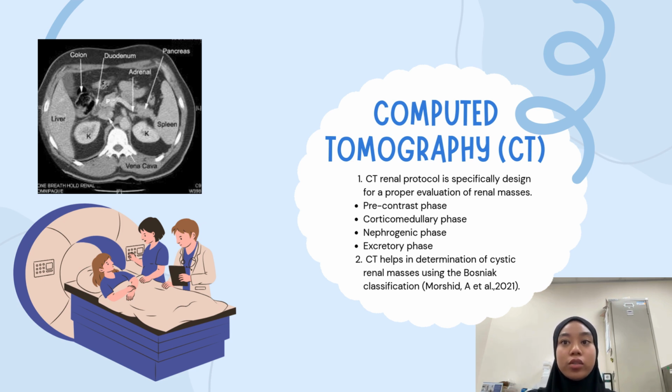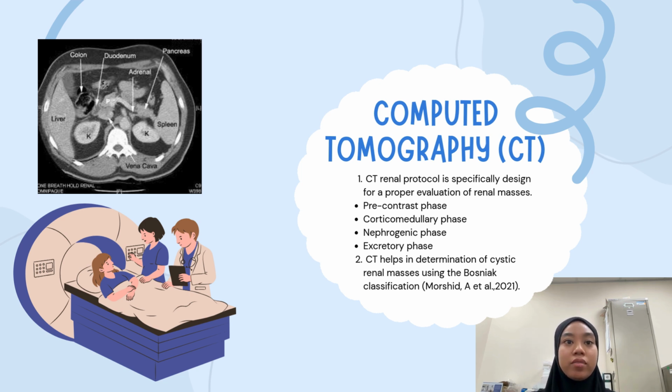Then we have the corticomedullary phase, which is shortly after the injection of the contrast media, where this phase particularly differentiates RCC from the other subtypes. Next we have the nephrogenic phase, which provides a uniform enhancement of the renal parenchyma.